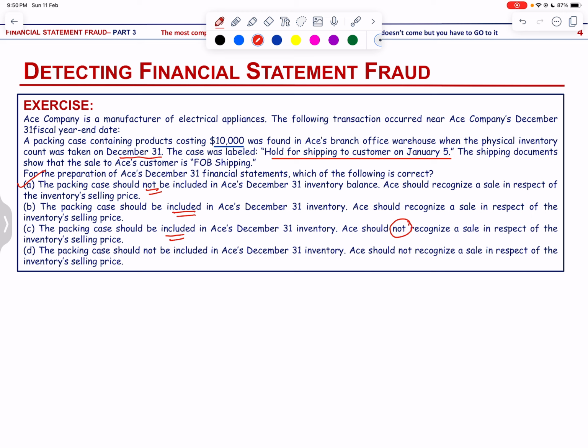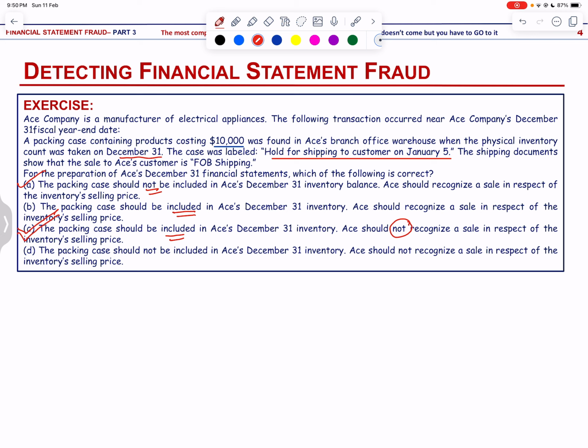In this scenario, since the goods were still in ACE's possession at its branch office on December 31st, ownership hadn't transferred to the customer. Therefore, ACE should include the packing case in its December 31st inventory. So C is the correct answer.